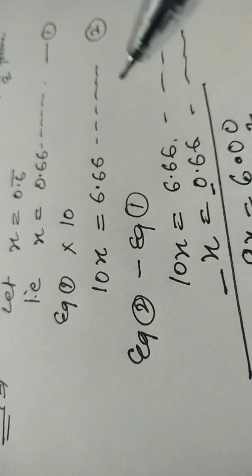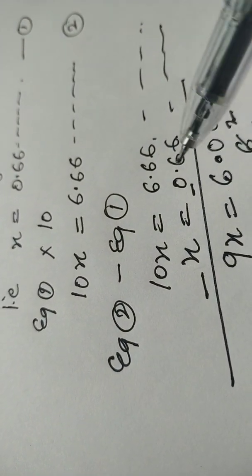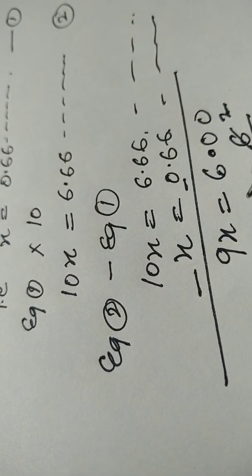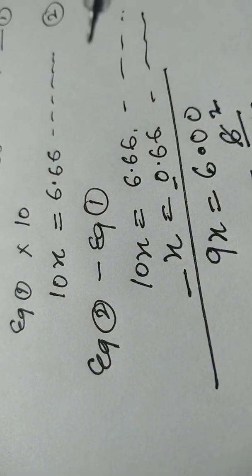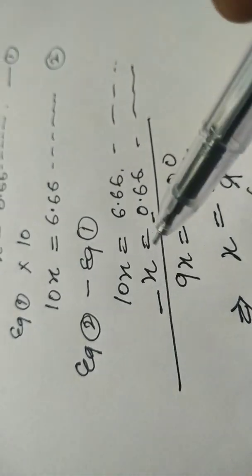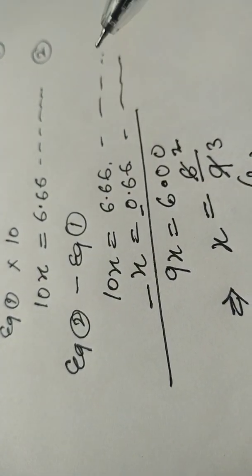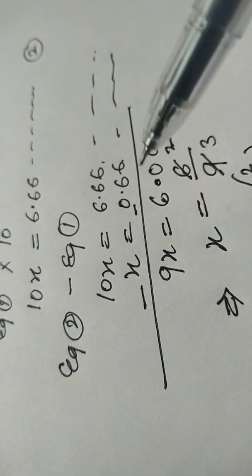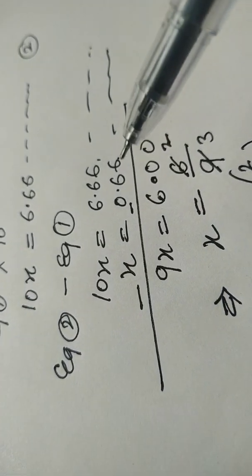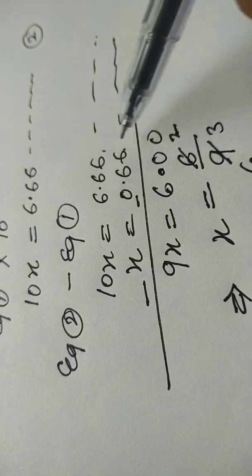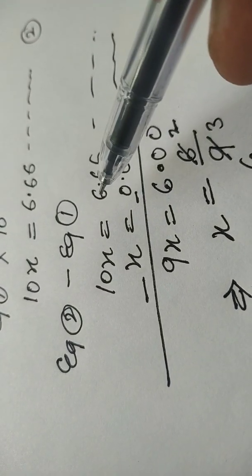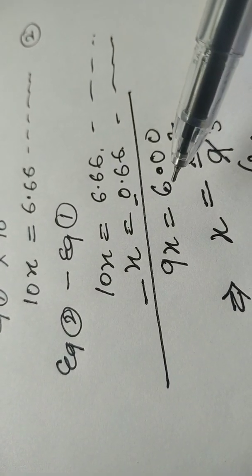Now this is equation 2, and equation 1 has to be subtracted from 2. The value will remain the same. That is 10x is 6.6 dot dot dot, and x is equal to 0.666. If you subtract this, 6 minus 6 is 0, 6 minus 6 is 0, and 6 minus 0 is equal to 6.